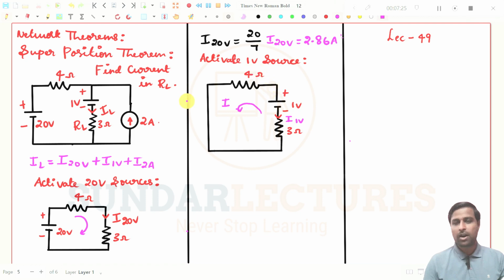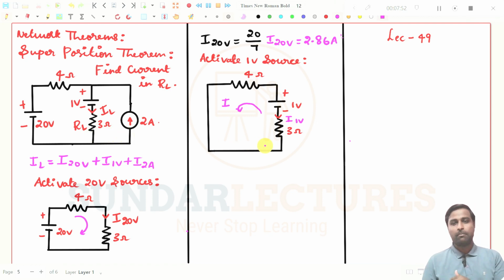But you need to find the current in this direction. If you get this current, it will flow in this direction, but I need to find the current in the 3 ohm resistor from top to bottom.